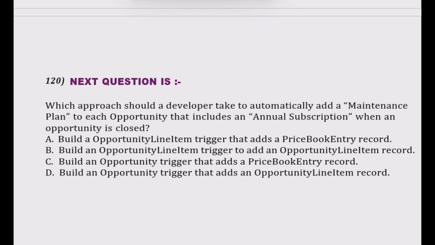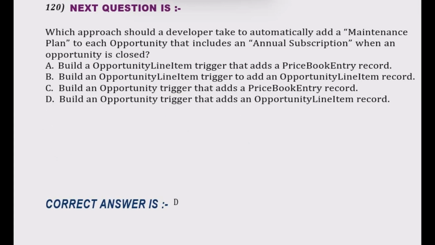Option B, build an opportunity line item trigger to add an opportunity line item record. Option C, build an opportunity trigger that adds a price book entry record. Option D, build an opportunity trigger that adds an opportunity line item record. Correct answer is option D.